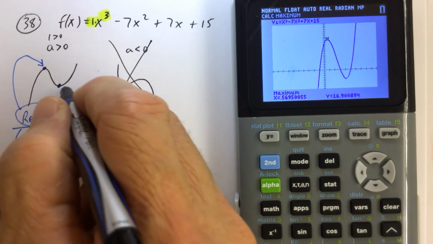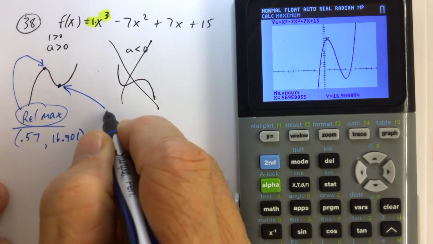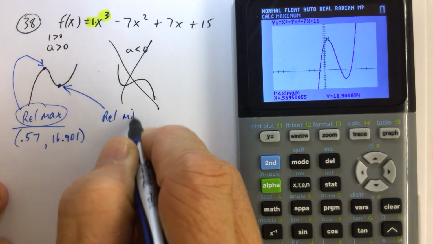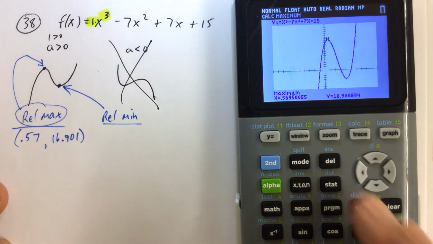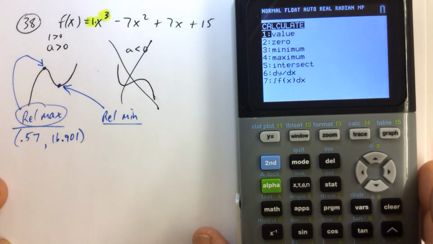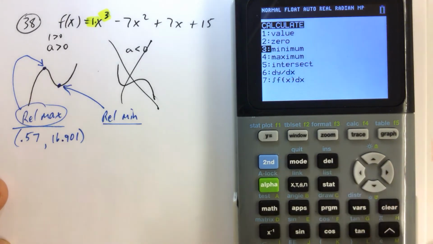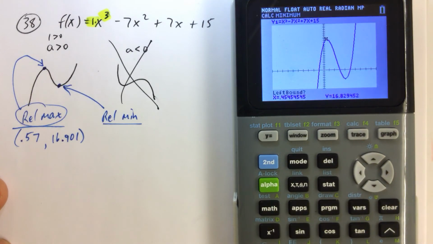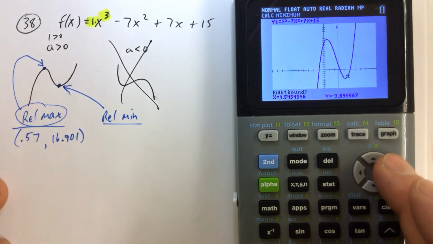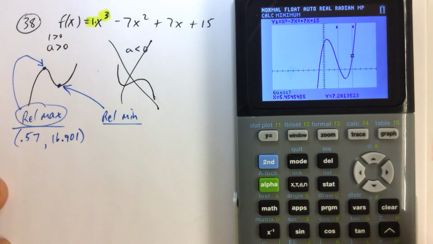And this guy right here is the relative min. We'll put the coordinates down here. We just got a little tight there. Relative min, we do second trace, and we scroll down to number 3 and hit enter, or we type a 3 because we're trying to find the low point in between, on a particular interval, I should say, in between two lines, which means it's on a particular interval.